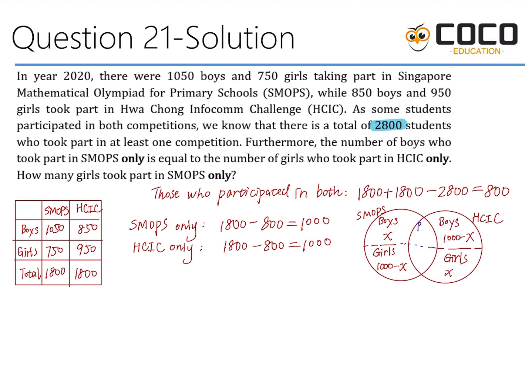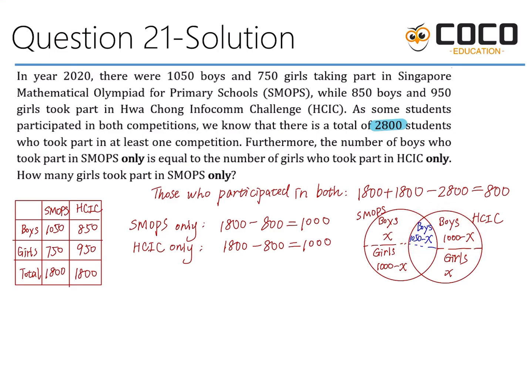Now we check for the boys who did both. So for SMOPS, there are 1,050 boys who participated in the competition. It will refer to this region. Total is 1050. So the difference gives us those who did both, so 1050 minus x. If you check for this region, this is the number of boys who did HCIC.